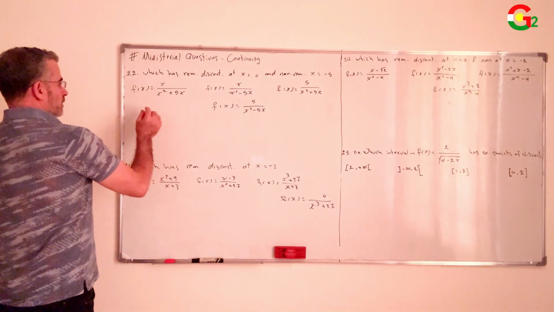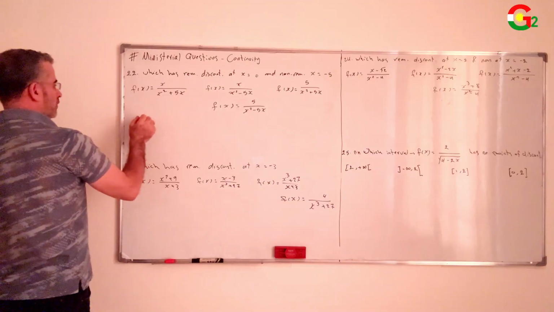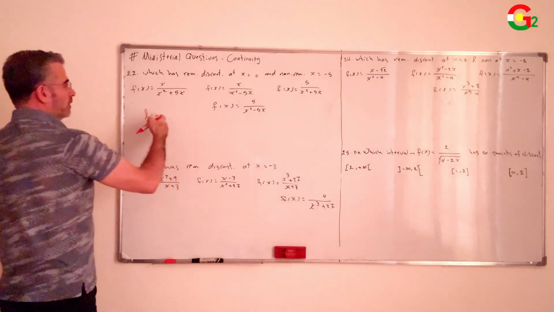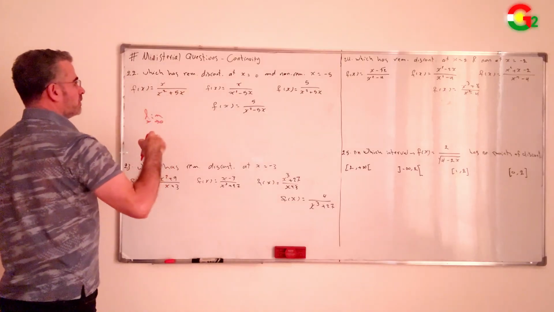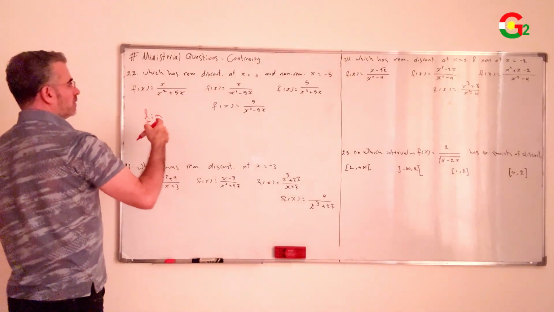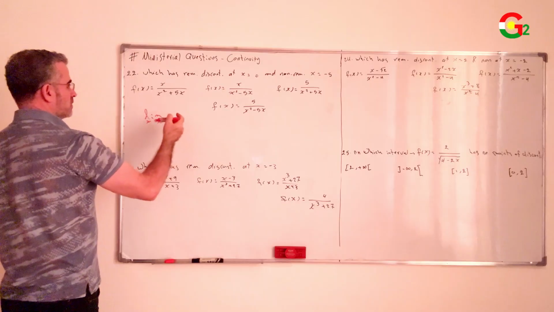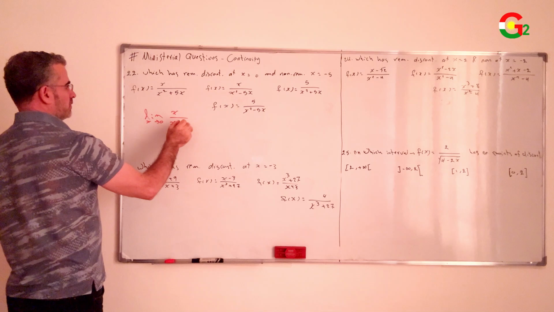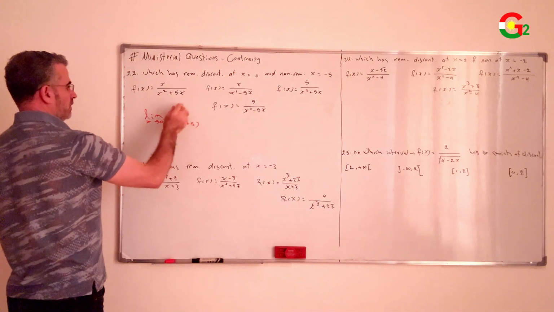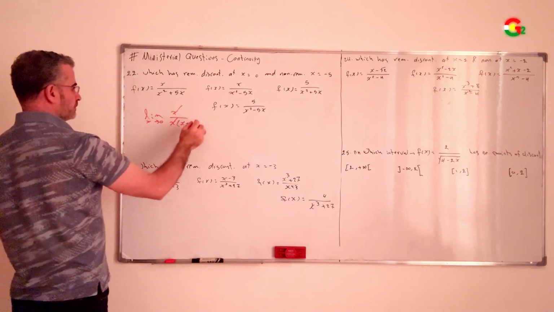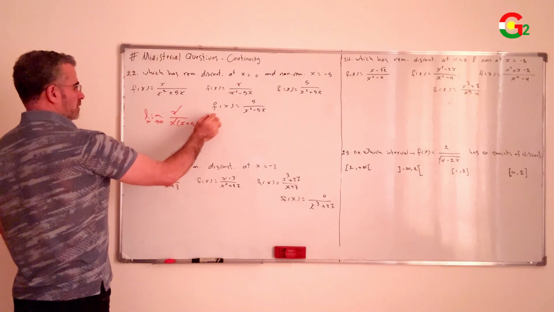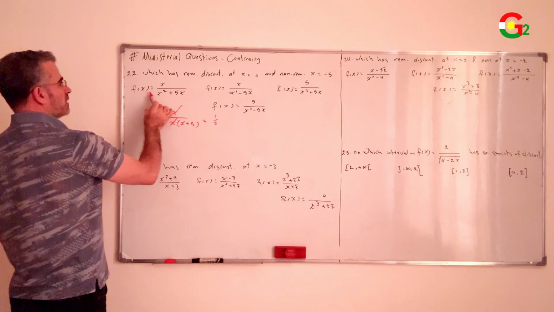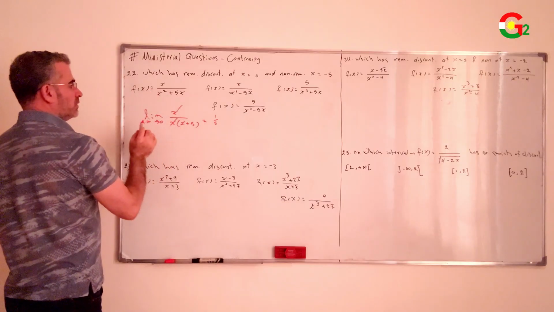Let us find the limit when x approaches 0 for the first one and see if the continuity exists or not. Factorize the denominator by x, x plus 5, then the answer is 1 over 5. So this function has a removable discontinuity at 0.